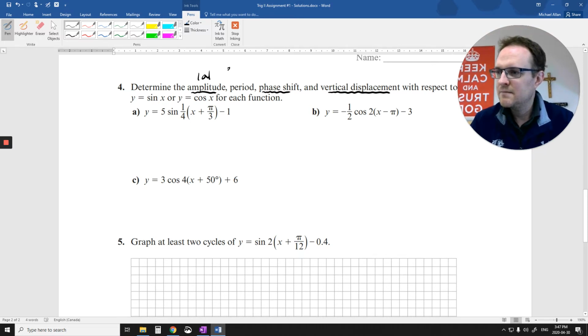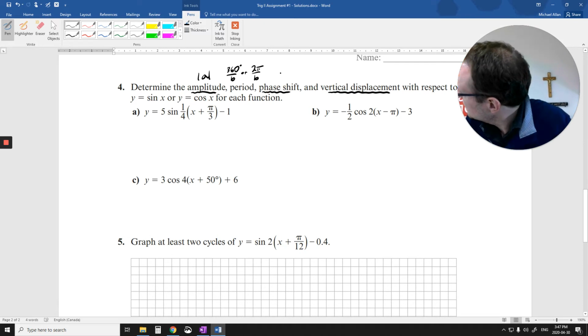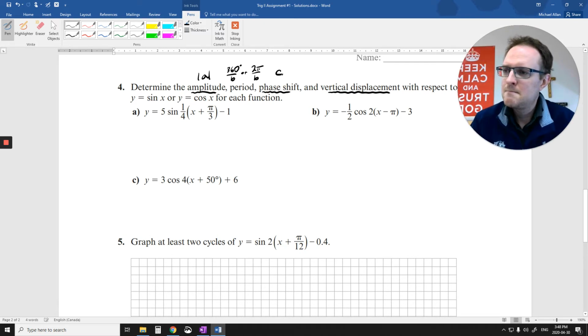So it's either 360 divided by B or 2 pi divided by B. My phase shift, as long as it's factored, I should be able to read that one pretty easily. It's my C value, right? Yeah, it's my C value. And my vertical displacement is my D value.